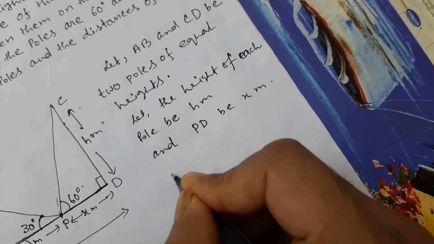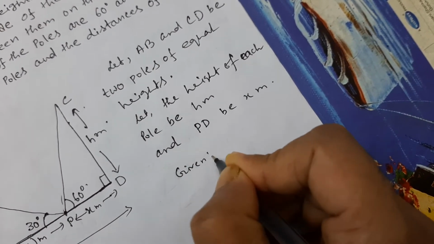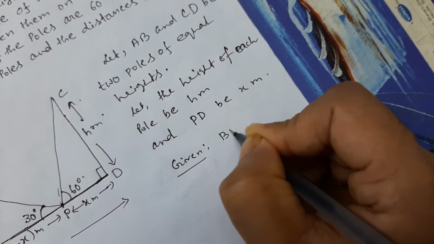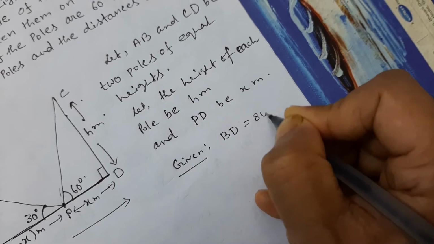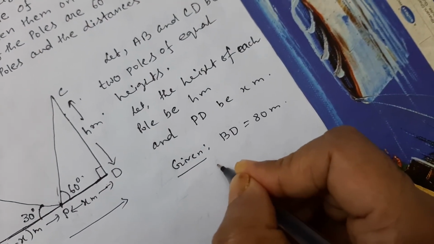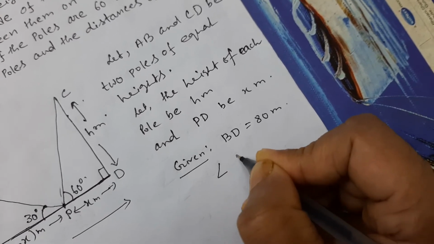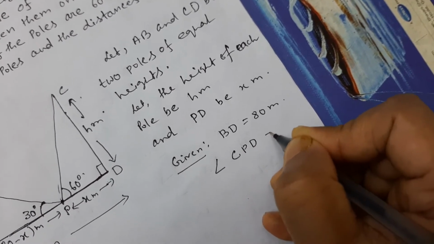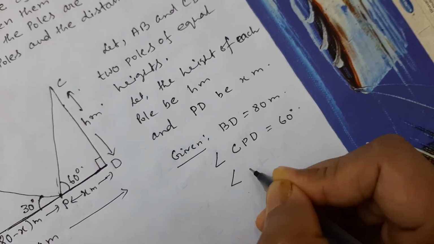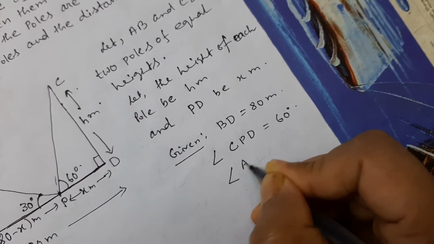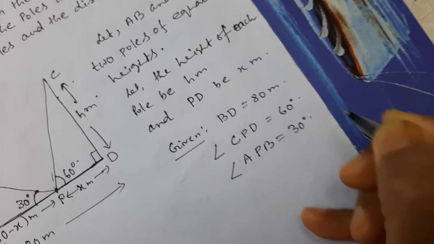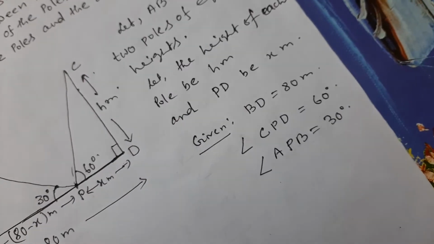Given BD equals 80 meter, angle CPD equals 60 degree and angle APB is 30 degree.